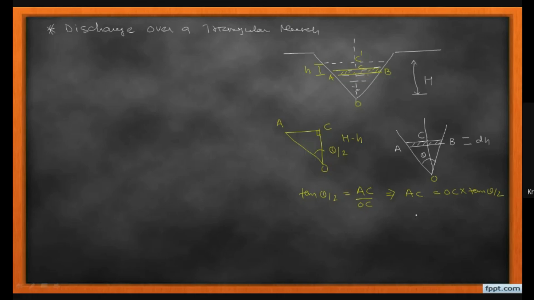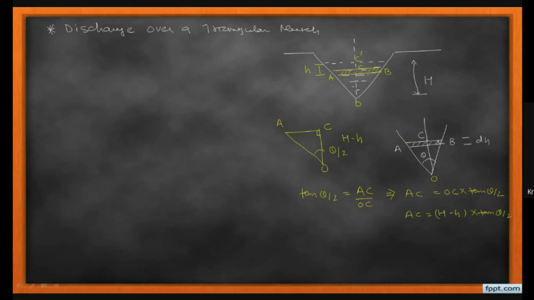And we know that AC equals OC, and OC is capital H minus small h, into tan theta by 2.